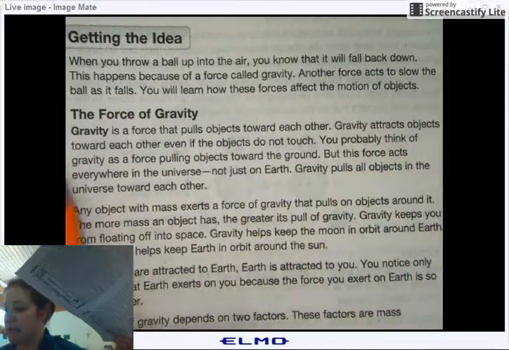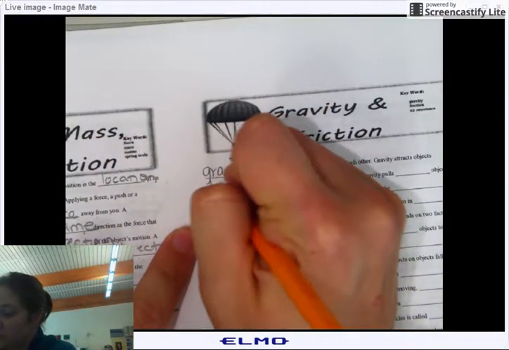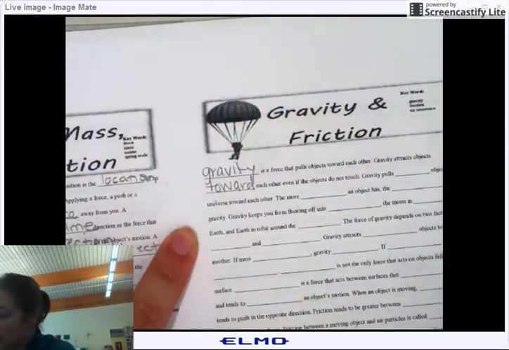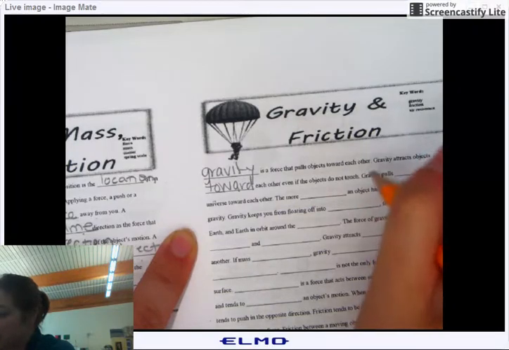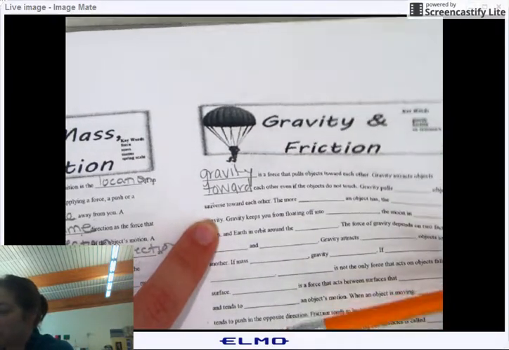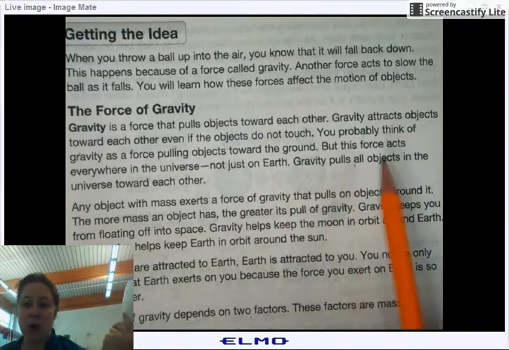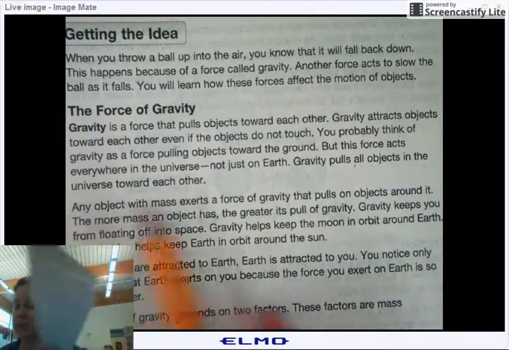Gravity pulls all objects in the universe towards each other.